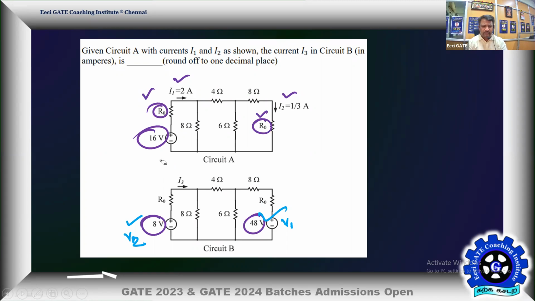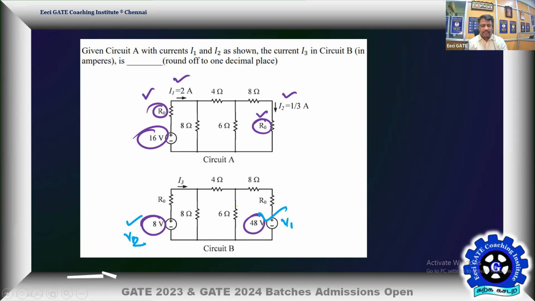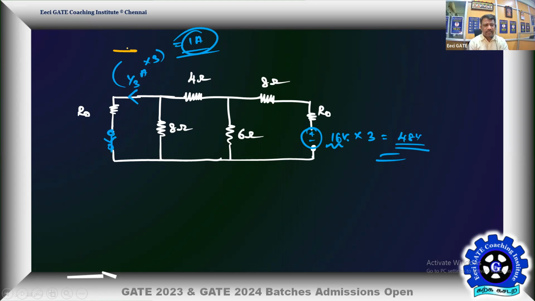So what current you are getting now should be in the same direction. So what is your I31? Since the current is existing in the opposite direction, you have to take the current as negative. This is my I31, the first component. Therefore, I will take I31 as -1 amps due to 48-volt excitation. I am calling it V1.